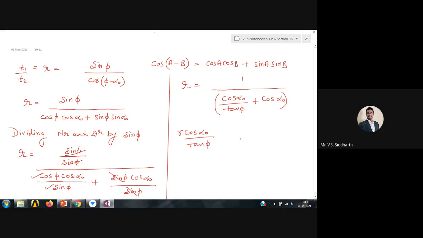Okay. R cos alpha naught upon. Just a minute, we have made a small mistake. Here it should be sin alpha naught. I have written cos alpha naught. Small mistake, sorry.